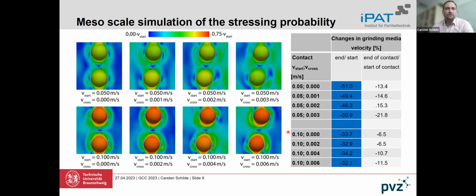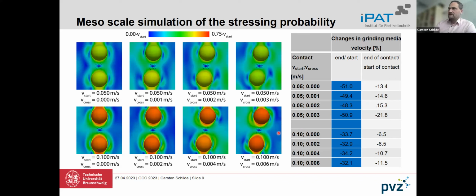We put in between several product particles, and then we take a look at how many particles will be captured, what's happening with the coefficient of restitution after the contact, and you can derive velocities for different starting velocities of the grinding beads.